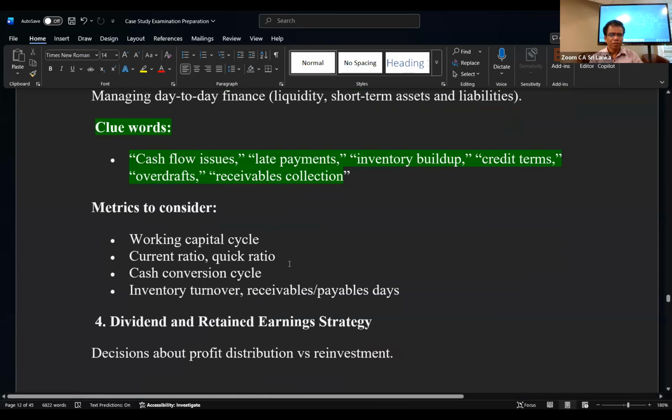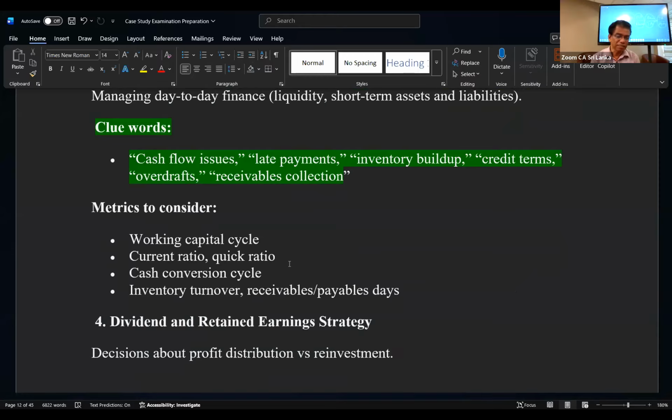Working capital cycle. When you go to supply chain management, then your working capital cycle, the cash to cash conversion cycle, inventory turnover, receivables, those are relevant in other industries. But in the banking sector there is basically no inventory, it is 100% cash transactions.